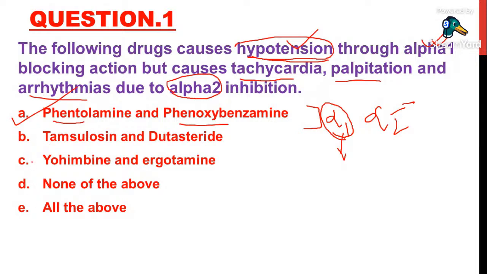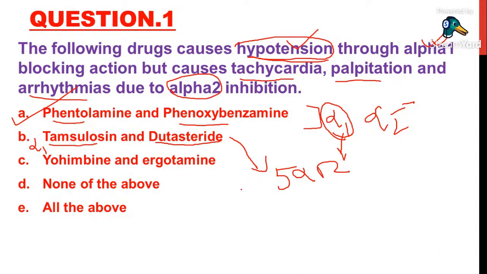Why the other options are wrong, I'll explain. See, we have tamsulosin. Tamsulosin is particularly an alpha 1 blocker. Tamsulosin has no alpha 2 actions. And dutasteride is a 5 alpha reductase inhibitor.